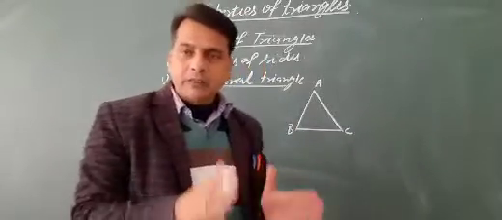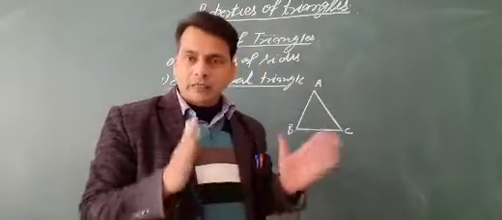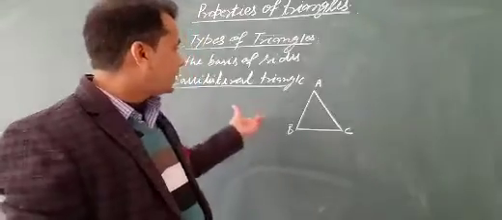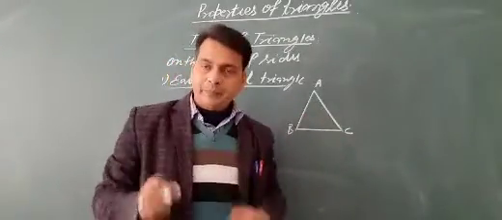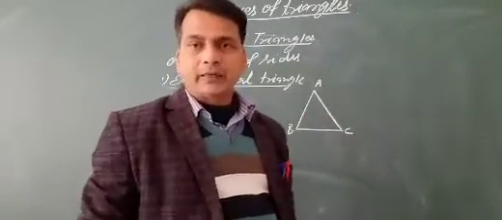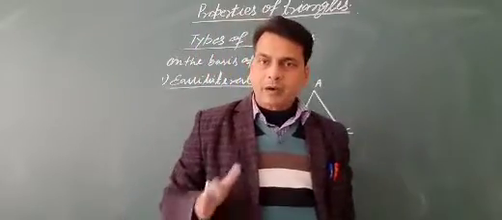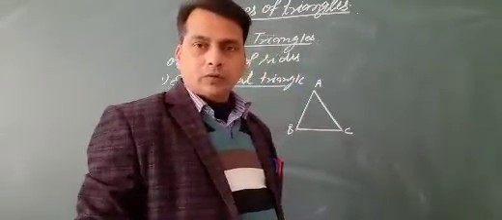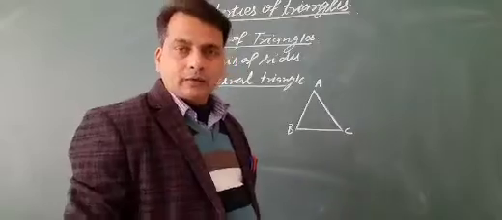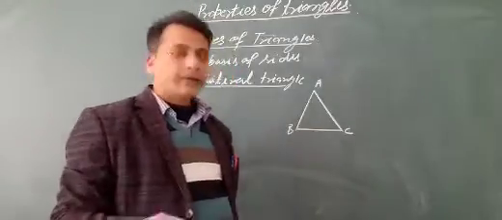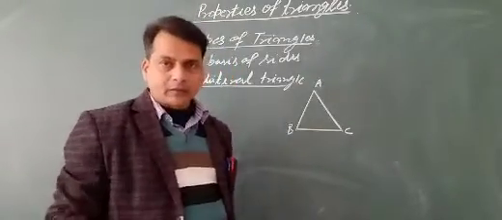An equilateral triangle means all sides of the triangle are the same or equal, and each angle in this triangle will be equal.